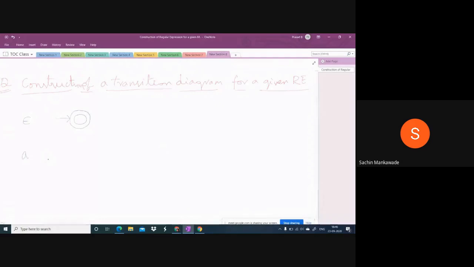For the regular expression A, what is the diagram? From the initial state, we go to the final state on input A. Okay. Now, next.